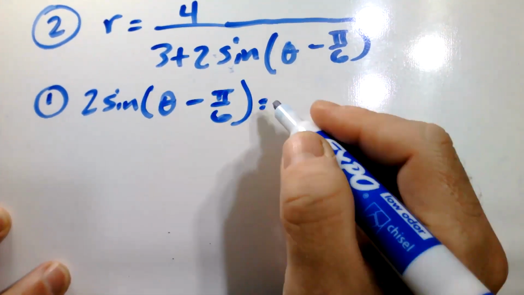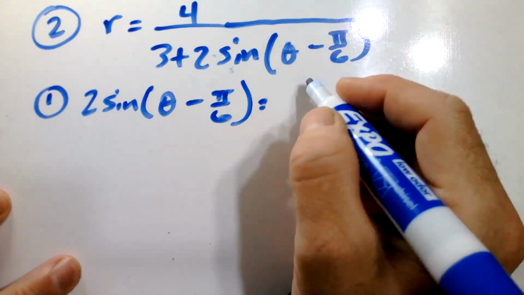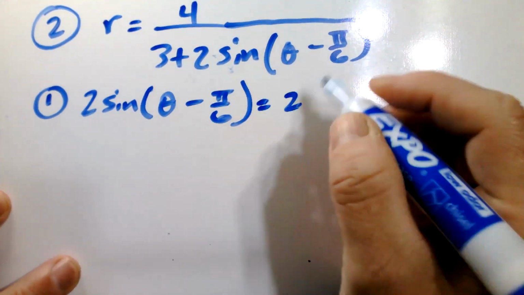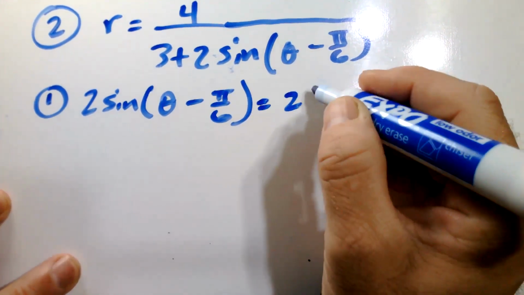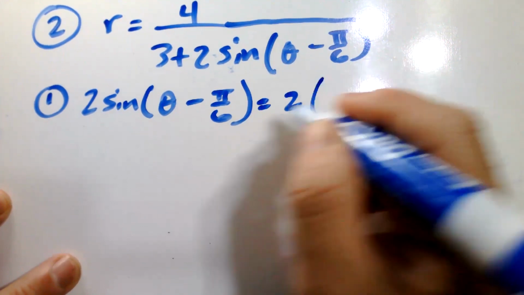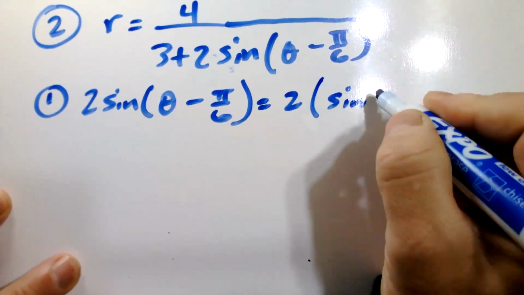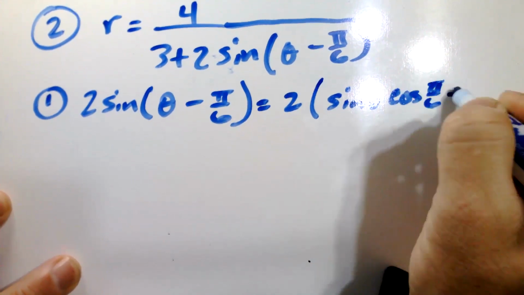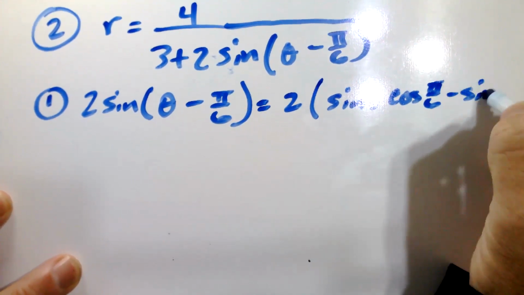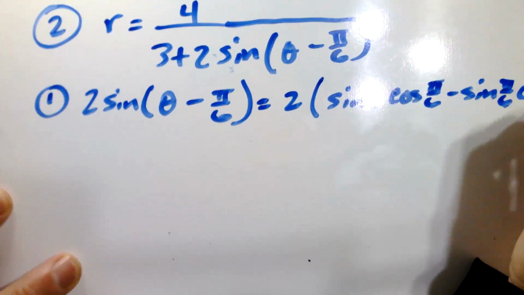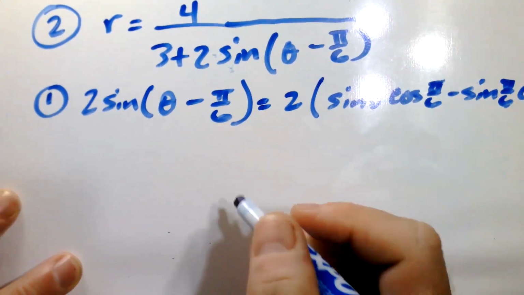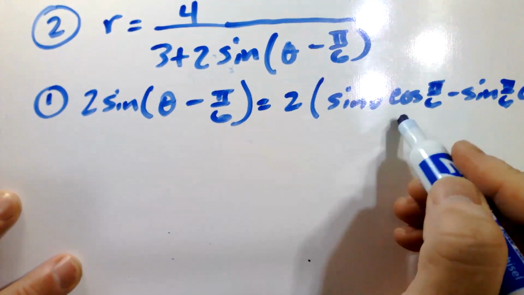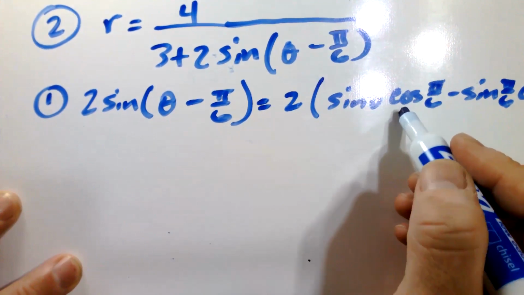So this is going to use the difference of angle formulas that we used, I think, in lesson 1. So sine of theta cosine pi over 6 minus sine pi over 6 cosine of theta. Let's see, so cosine of pi over 6 is square root of 3 over 2.